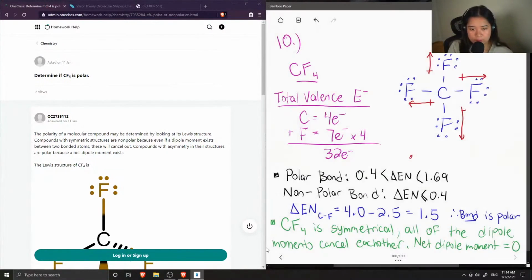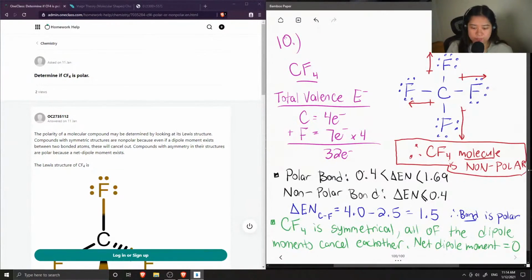Therefore, we can say that the CF4 molecule is actually nonpolar. Even though a carbon-fluorine bond is polar, since all of those dipole moments cancel each other out in the molecule, since the molecule is symmetrical, it has a net dipole moment equal to 0, making the molecule nonpolar.